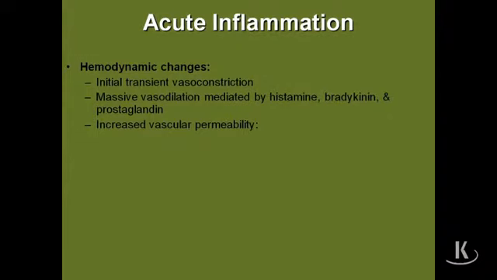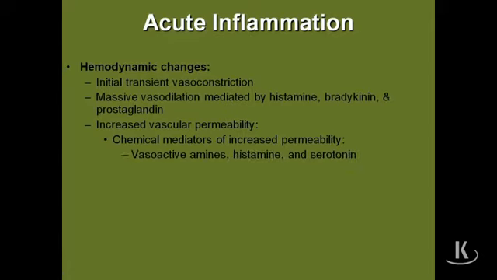And then as the second component, as I mentioned, there's increased vascular permeability to allow increased plasma proteins that are critical to the acute inflammatory process that's going to take place, as well as allowing the acute inflammatory cells to go through the vessel wall. We call that diapedesis, and we'll describe that in more detail when we get to that component. And obviously, these chemical mediators will increase the permeability, like I mentioned, these vasoactive amines, histamine and serotonin.